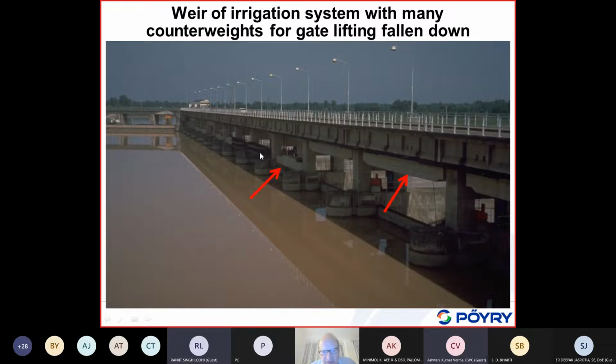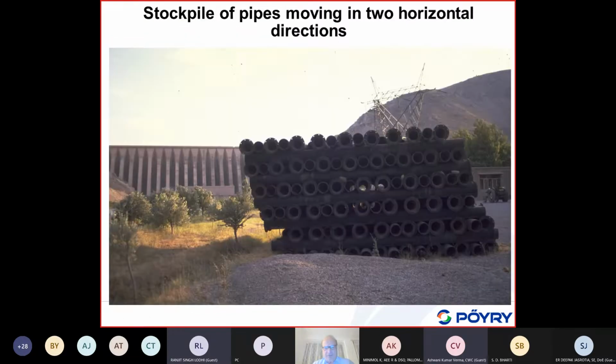Now here, I'm not sure why we have these stop blocks. Maybe there was some maintenance work going on.